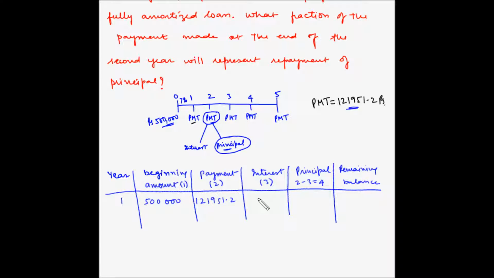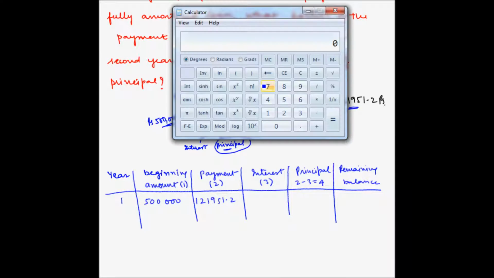So we have to find out what is 7% of 500,000 rupees. So 500,000 into 0.07, that is 35,000. So out of the payment of 121951.2 rupees, 35,000 is payment towards interest.